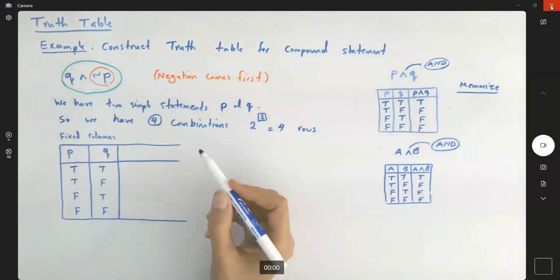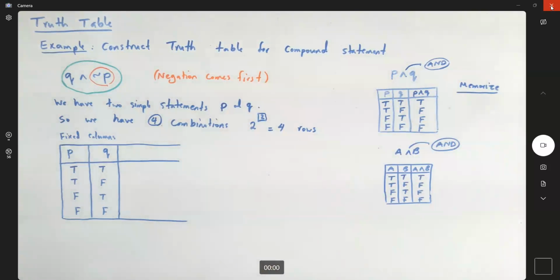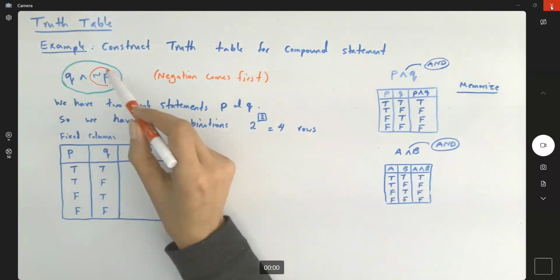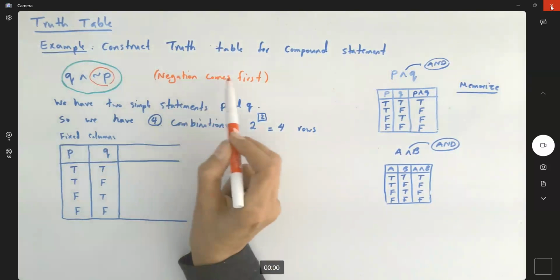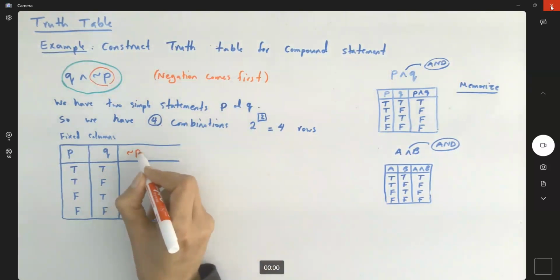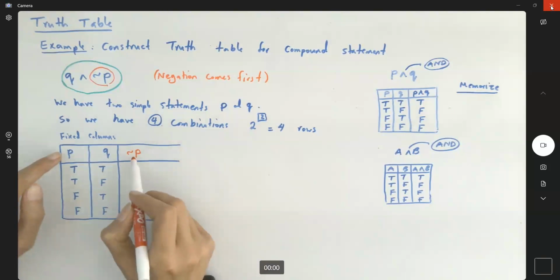So we're going to construct new columns. What do we need? The very first thing you need is to construct not P. Negation comes first. Not P. To construct not P, we look at P, right?